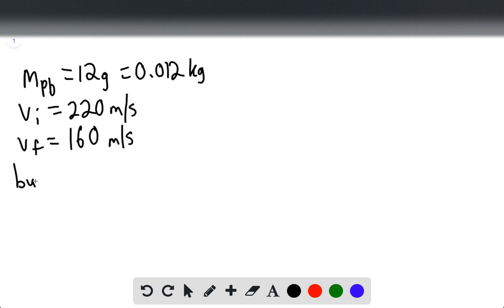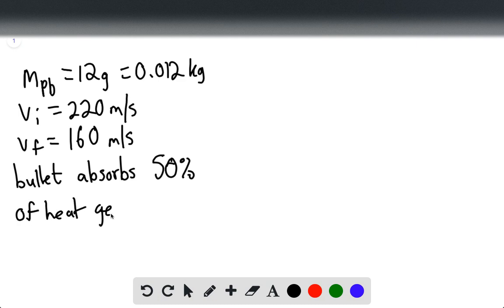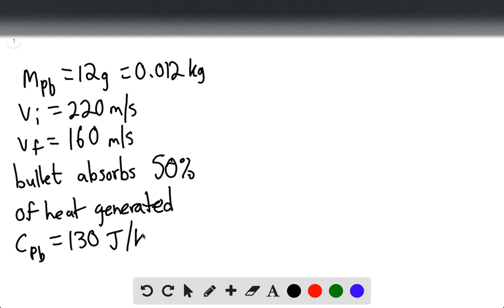We know that the bullet absorbs 50% of heat generated. And we know that the specific heat of lead is going to be equal to 130 joules per kilogram per degree Celsius.